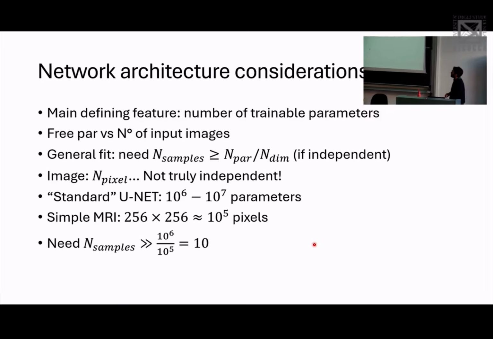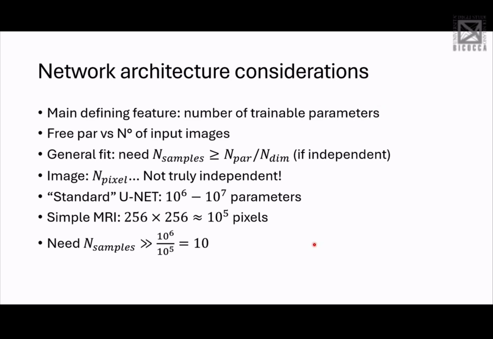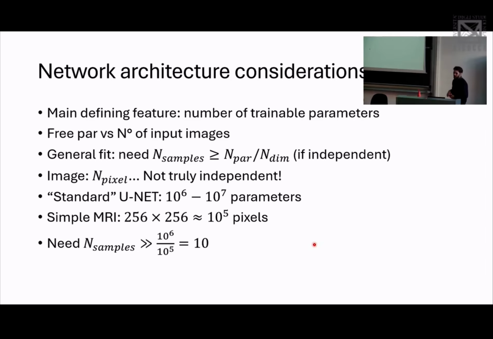A very minor consideration about the network architecture that will be helpful for our very simple exercises, which will let us run some experiments on our own laptop, is that the main defining feature of a network is the number of trainable parameters, and you want to compare in general the number of parameters to the number of examples.